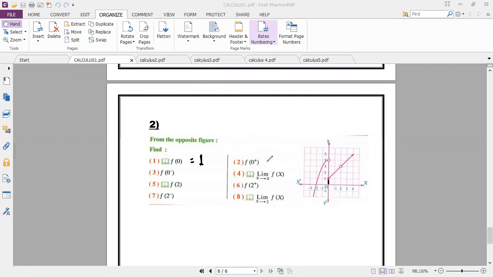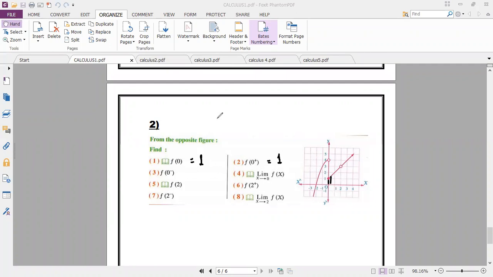What's the meaning of 0 from the right? More than 0, just a little bit more than 0. So simply go to the graph, and after 0 here, go up, and you will hit this line at 1 also. So the limit from the right at 0 is 1.